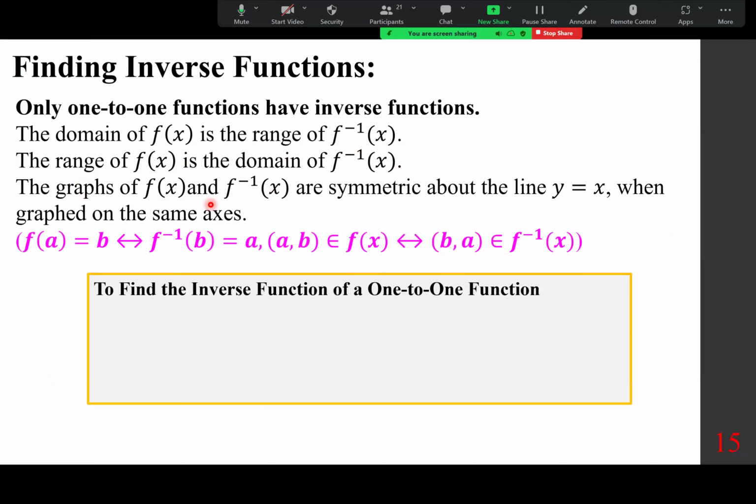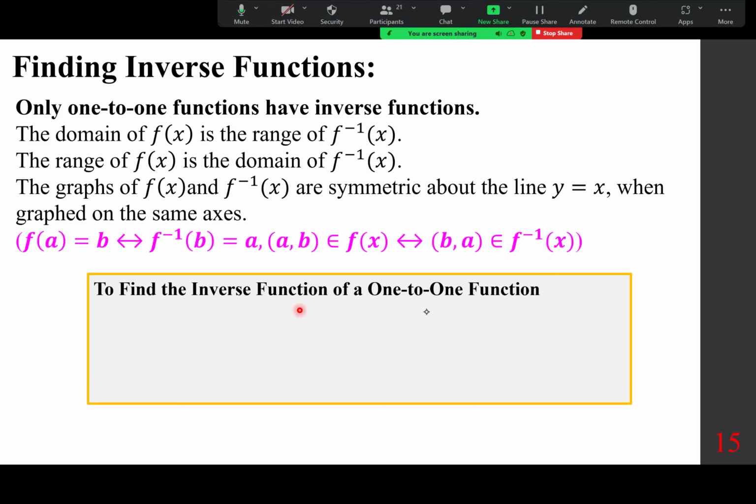The graphs of f and f inverse are symmetric about the line y equals x. When graphed on the same axis, f of a equals b means f inverse of b equals a. If (a, b) is one point on f of x, then (b, a) is a point on the inverse function. This is the definition of inverse function.